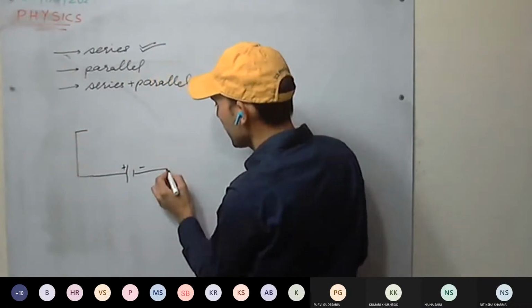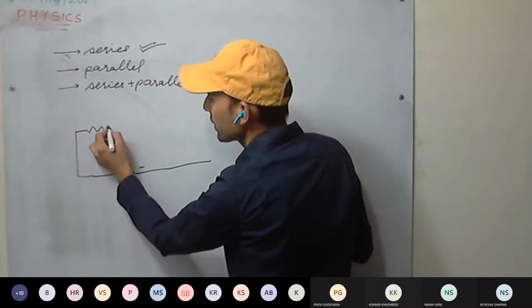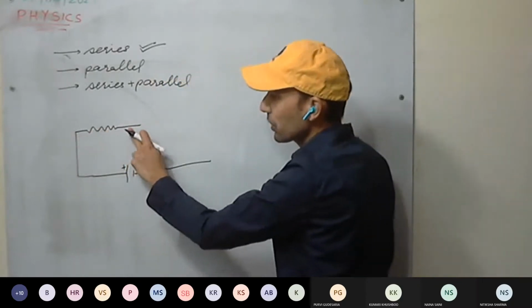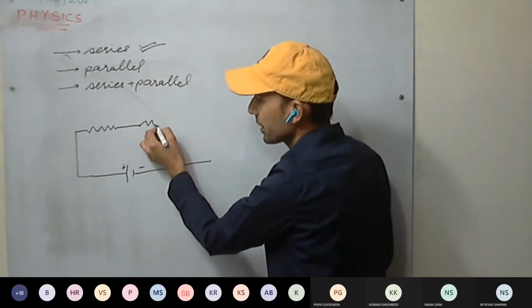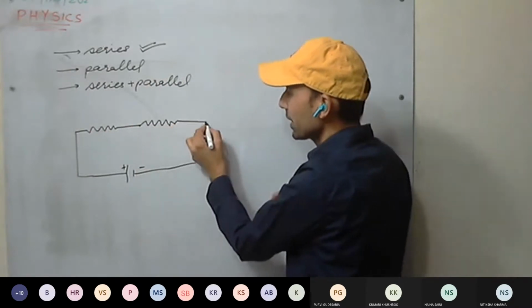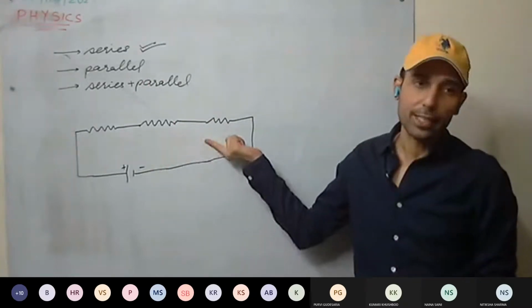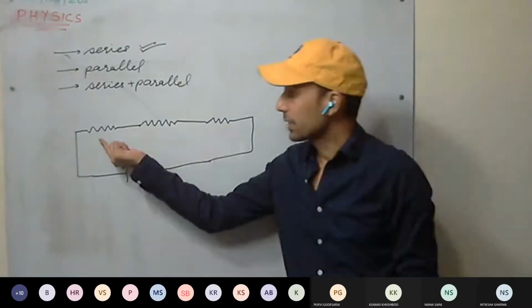And we have connected the first resistor. Now, at the end of the first resistor, we connect the second resistor. After the second resistor, we connect the third resistor. Any number of resistors we can connect in this way. This is called series.